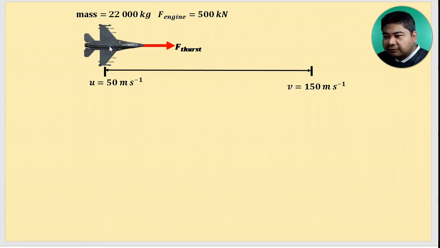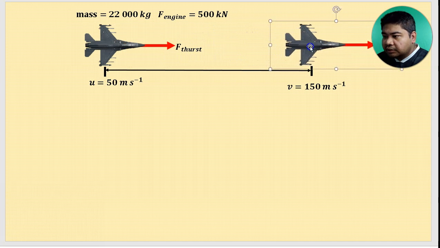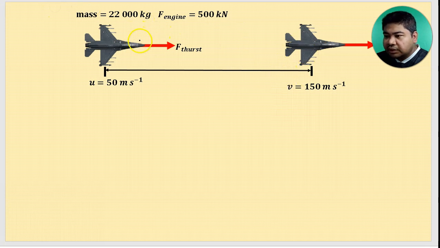Now if the aircraft accelerates forward, so it moves to here. Let's say the time taken for the aircraft to move from the initial point, the original point, to the new position is around 4.4 seconds.